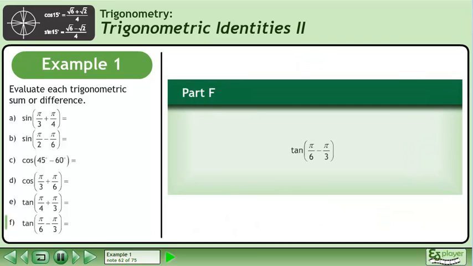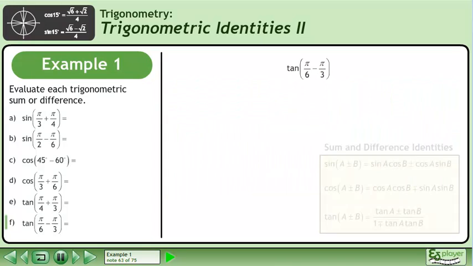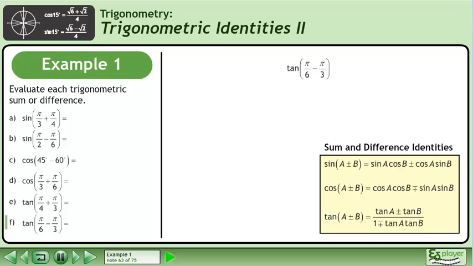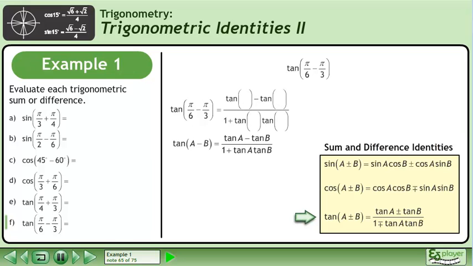In part F, evaluate tan of pi over 6 minus pi over 3. Bring up the sum and difference identities. Use the difference formula for tangent. Plug in the angles.